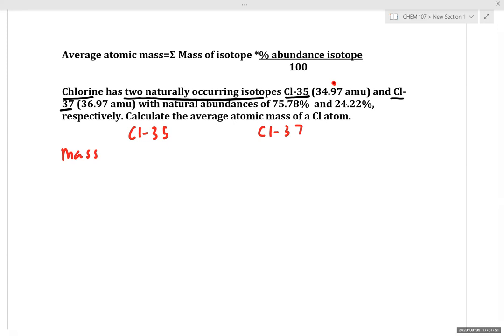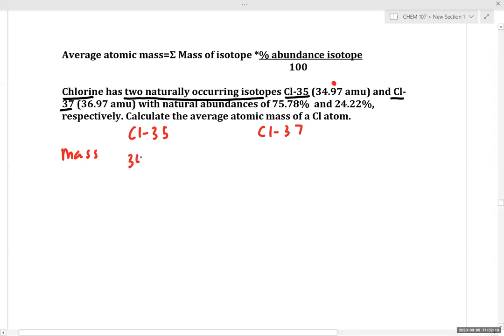Don't be shy to type it in the chat or unmute and state it verbally. The mass of chlorine-35 is roughly 35, but are we given a more exact value for our mass? 34.97.